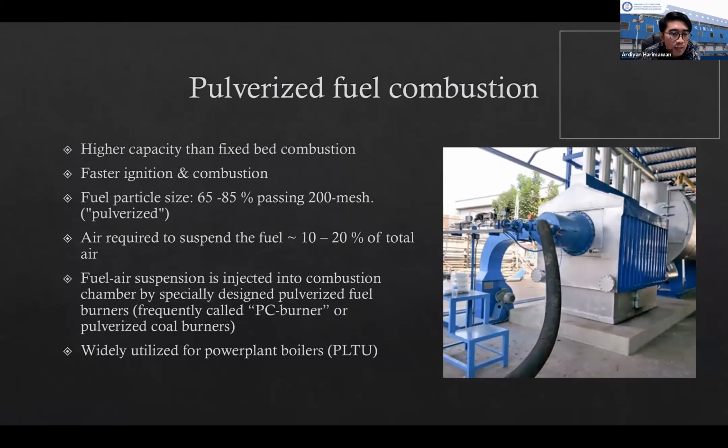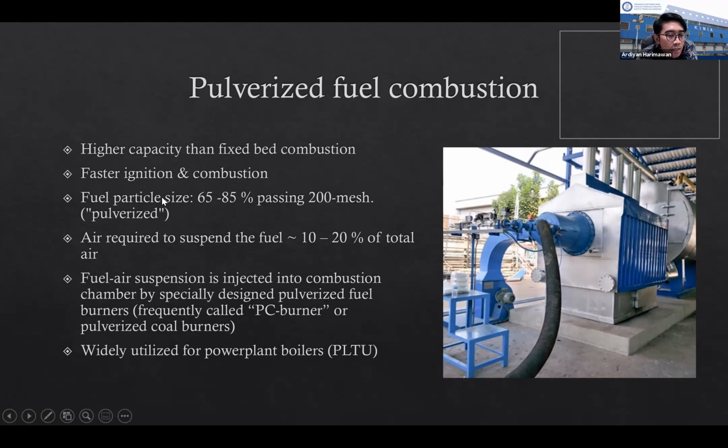Okay. The other one is what we call pulverized fuel combustion. This is the type of solid fuel combustion that is now commonly used in many power plants or chemical plants, because pulverized fuel combustion has a higher capacity than fixed bed combustion, and it also has a faster ignition process, hence faster combustion.